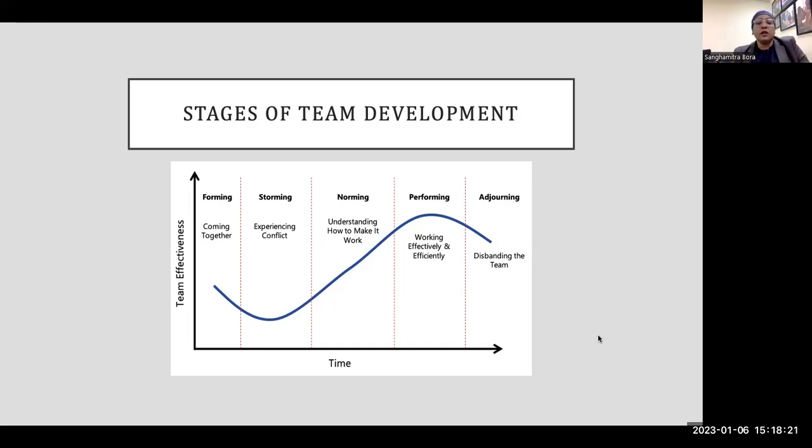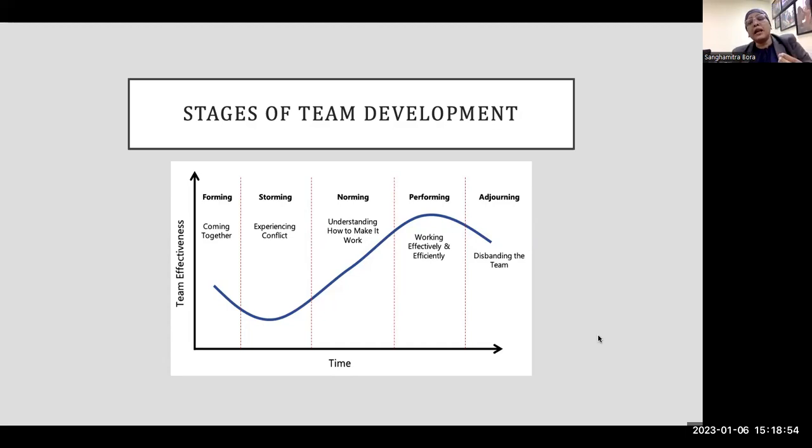They do not perform at all. They are not at all effective. They start feeling really bad about everything that is going on. But then, slowly, since it is a developmental stage, since the team has to go through this particular stage, the storming and the conflicts generally calm down.